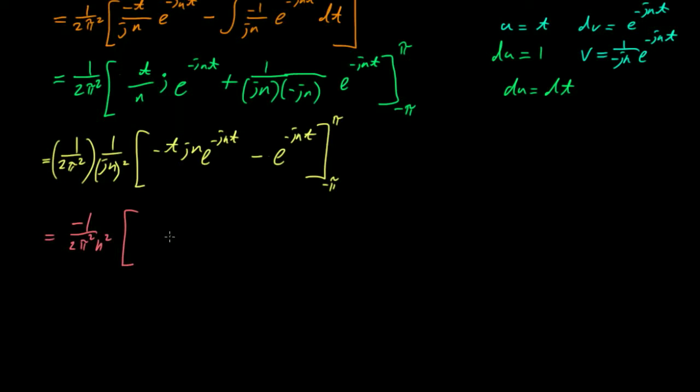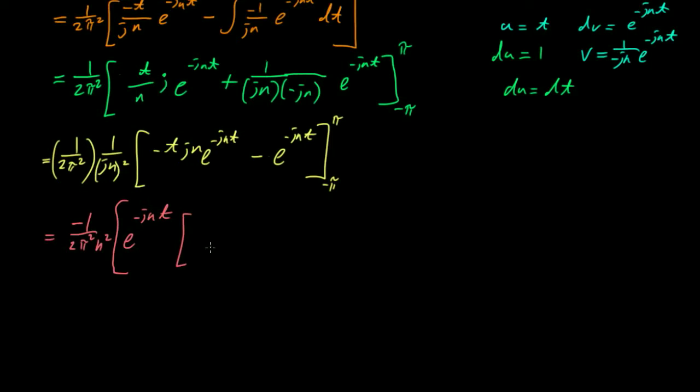Oh, wait a minute. I think this is right. You could factor out the e to the minus jnt as well, if you like. We're still going to evaluate everything from minus pi to pi.